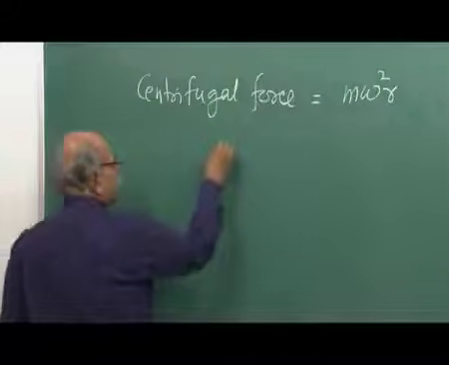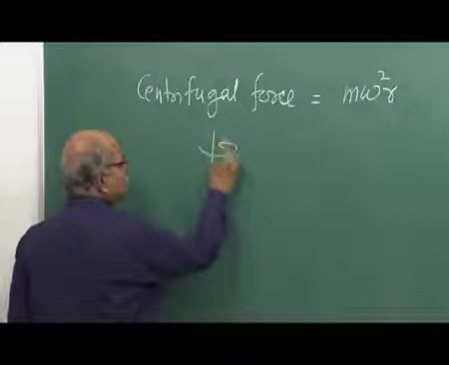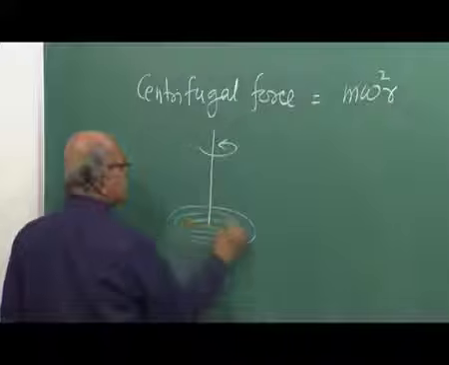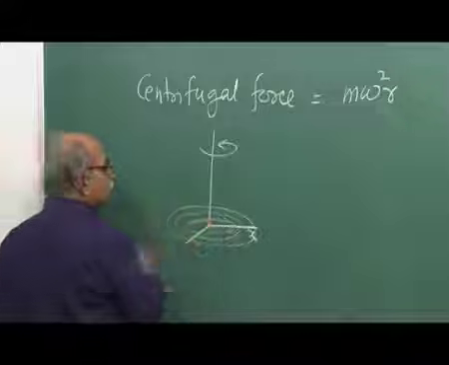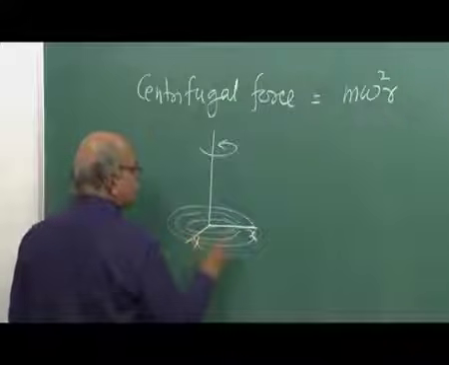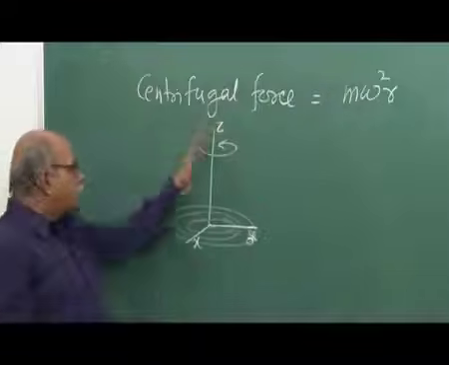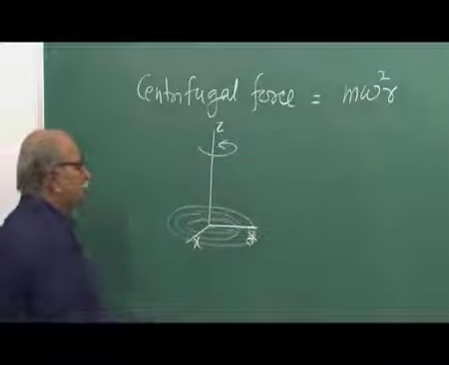And what are these quantities? Suppose this is the axis of rotation and the frame, whatever frame, you can have a disk. Suppose you have a disk and the disk has x-axis marked on it, y-axis marked on it, z-axis marked on it, and about the z-axis it is rotating with some angular velocity omega.